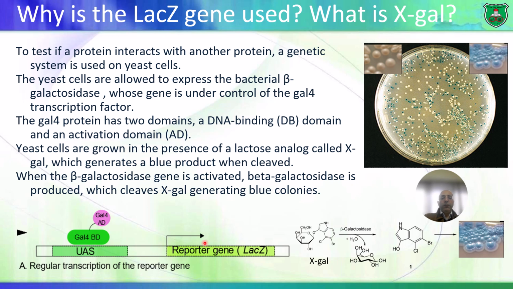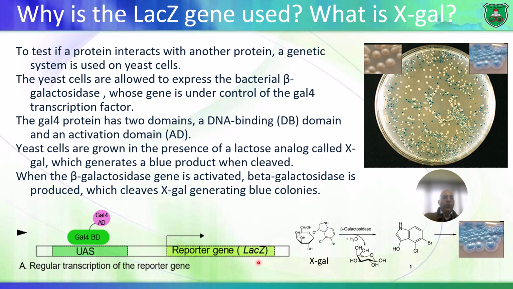The gene that we use for the yeast two-hybrid system is the LacZ gene. It's the beta-galactosidase gene from bacteria. It's the gene that produces galactosidase, which is an enzyme that cleaves lactose.